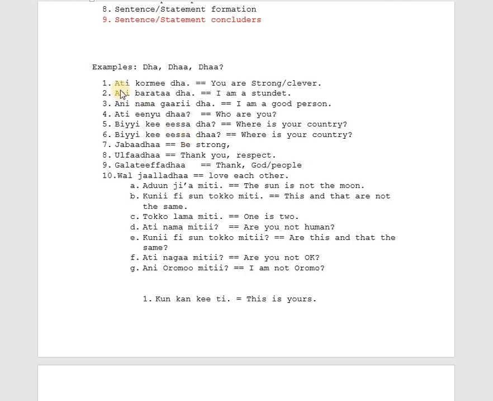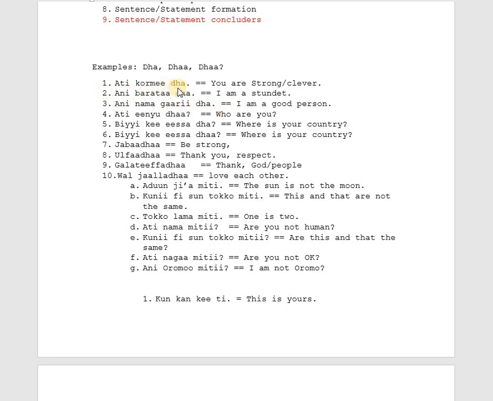Here we can see I'm looking at these three different scenarios: one short, one long, one with a question mark. So as you can see, these are three different things in speaking the Oromo language. So let's go see them one by one.